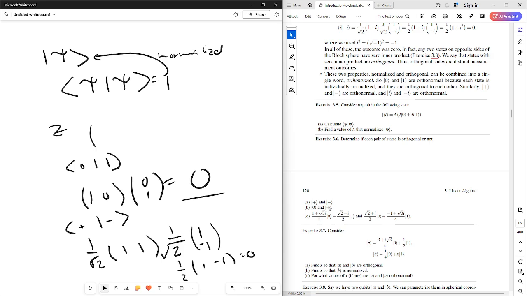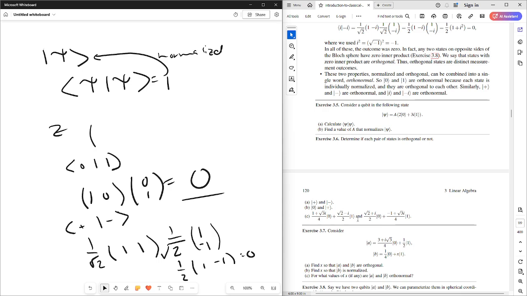Plus represents the northern pole for the x-axis, and 0 is the northern pole for the z. So they are not on opposite sides of the Bloch sphere. They're both normalized, but they're not orthogonal.